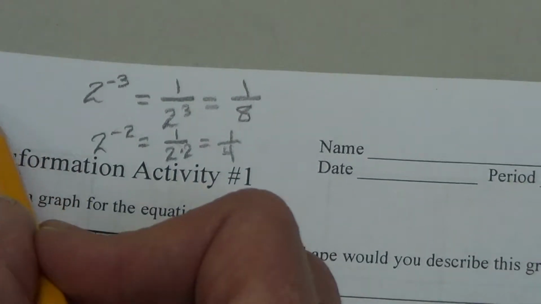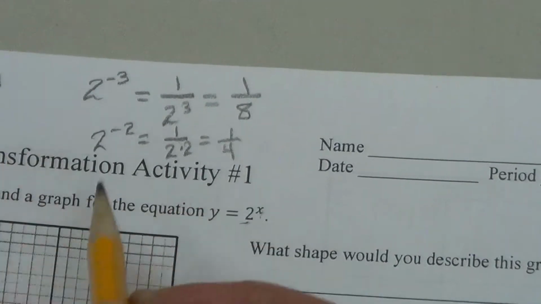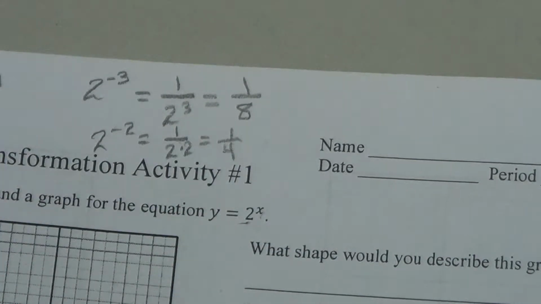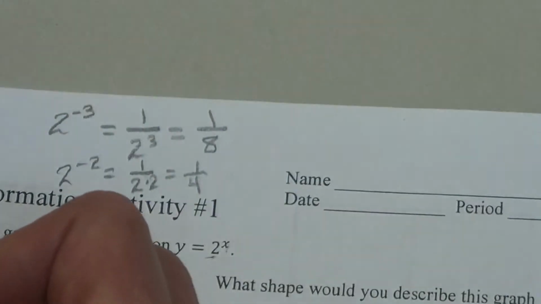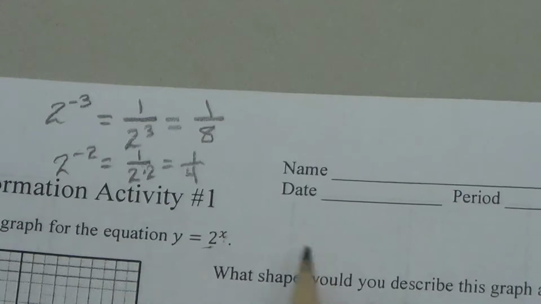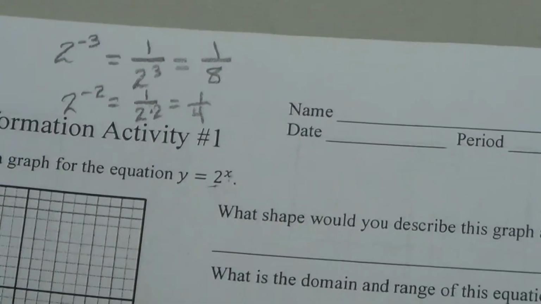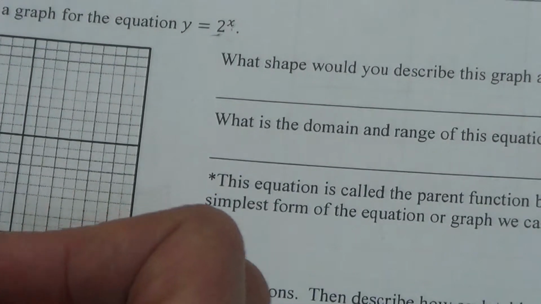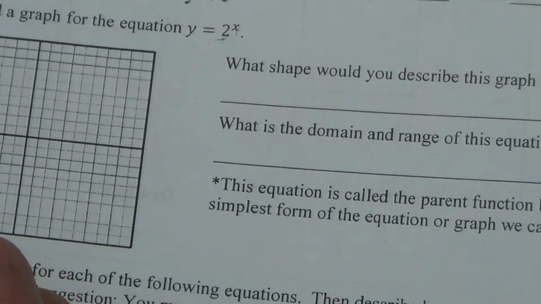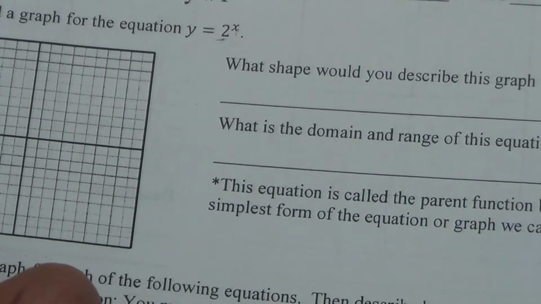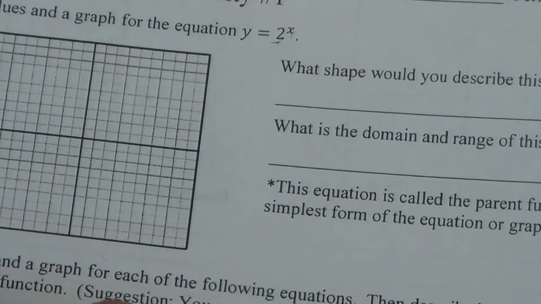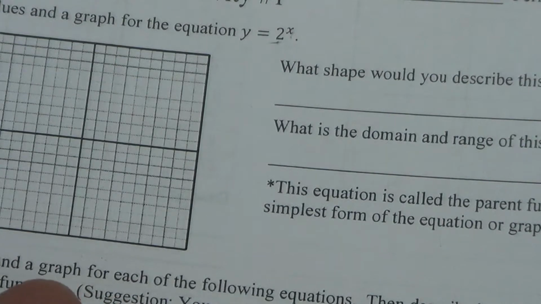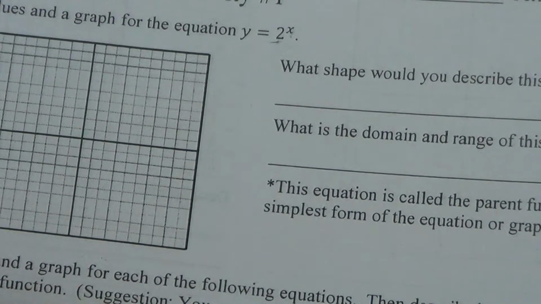Negative 1, 2 to the negative first, would go on the bottom and become 1/2. 2 to the 0th power, anytime we have a number to the 0th power, it's equal to 1. 2 to the first is simply 2. 2 to the second, 2 times 2 is 4. 2 to the third is 2 times 2 times 2 is 8.